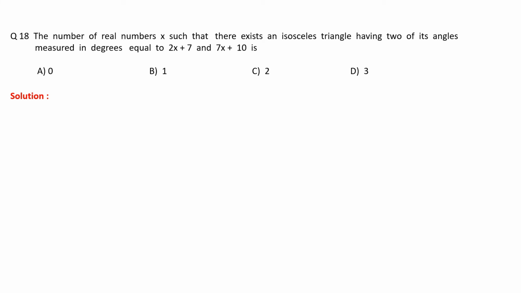The first case is that the triangle is isosceles with two angles equal to 2x plus 7 and the third angle equal to 7x plus 10.